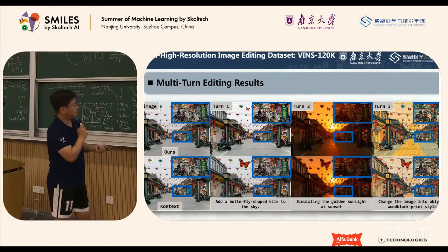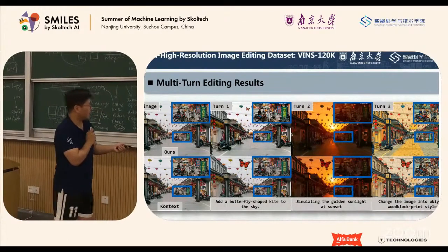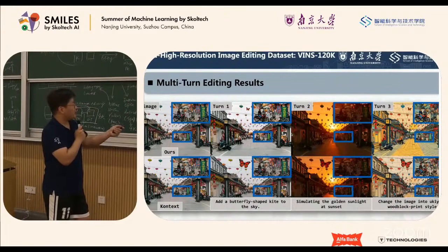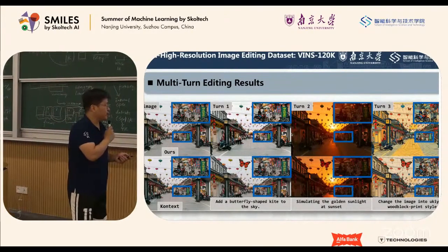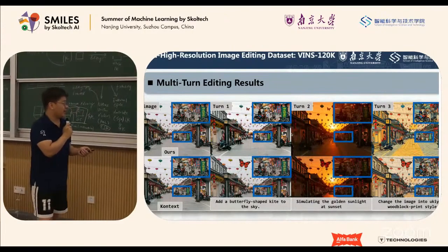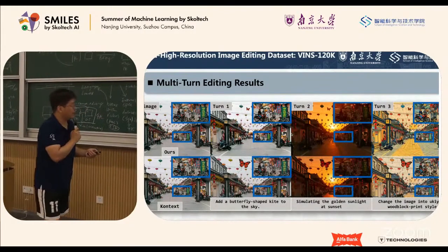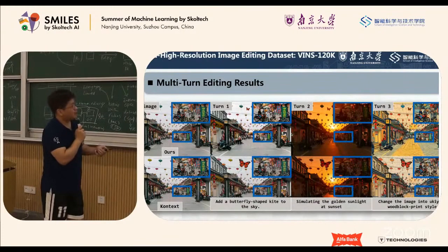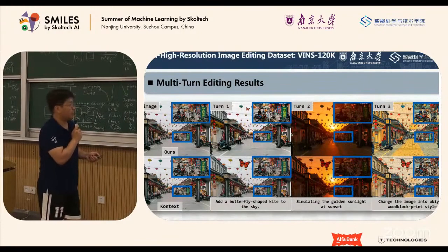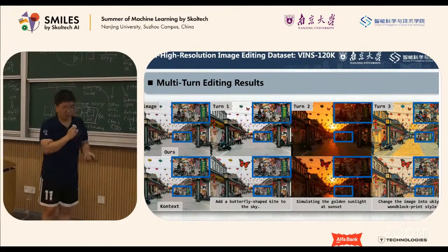The first turn is to add a butterfly-shaped kite to the sky. So this part. The second one is simulating the golden sunlight at sunset. And the third turn is to change the image into a ukiyo-e style.